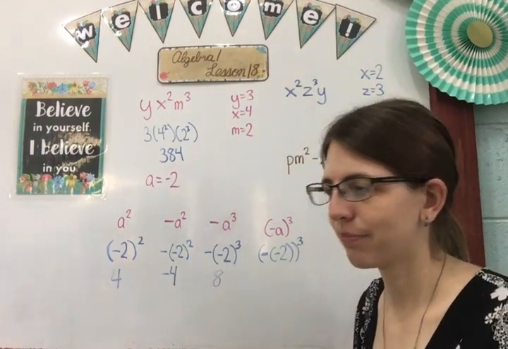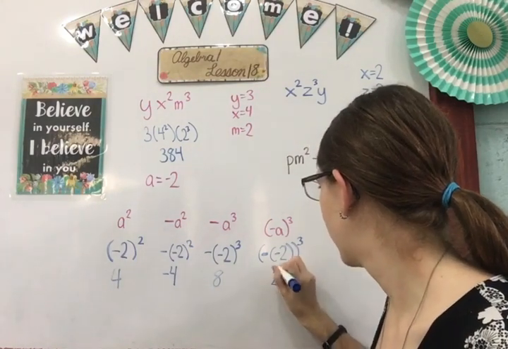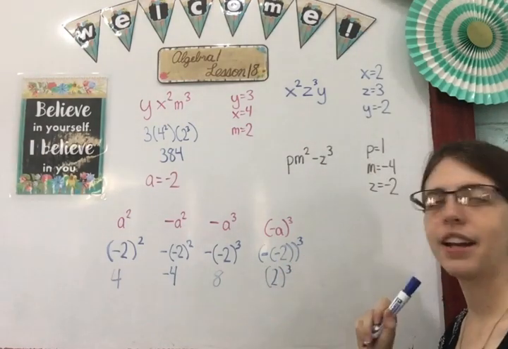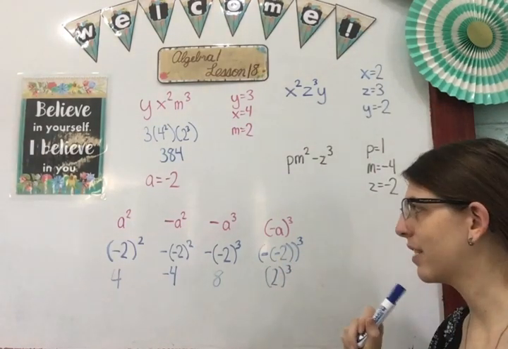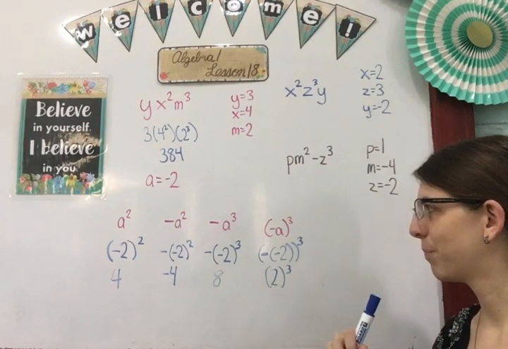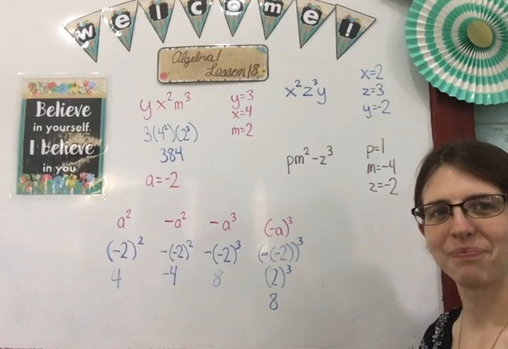Positive 2, right? So that's really saying that I have positive 2 cubed, because I have the opposite of negative 2. So I'm cubing positive 2. And what's my answer? That would be a positive 8 once again.